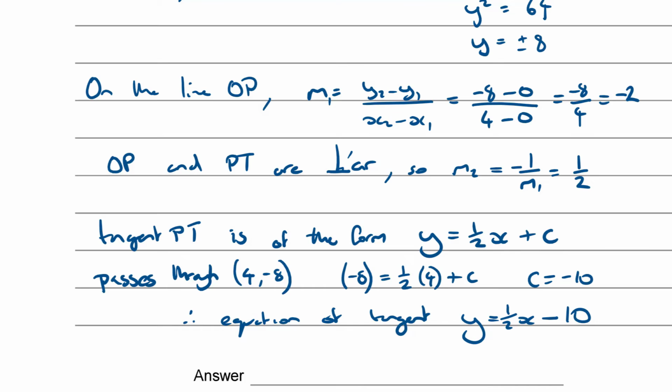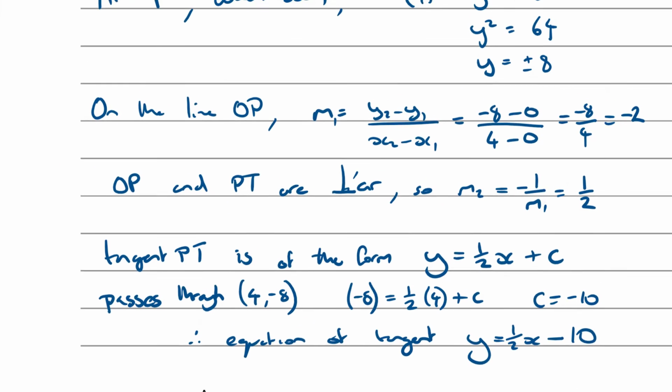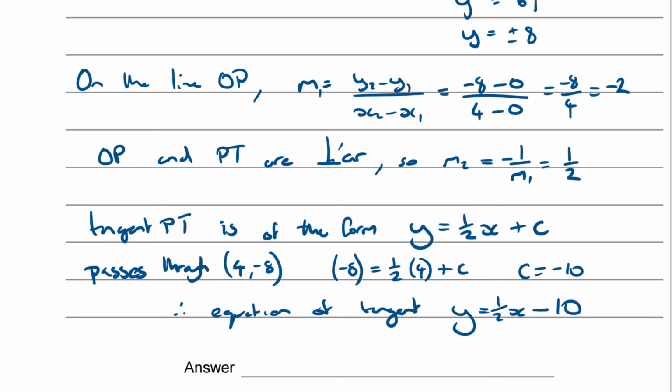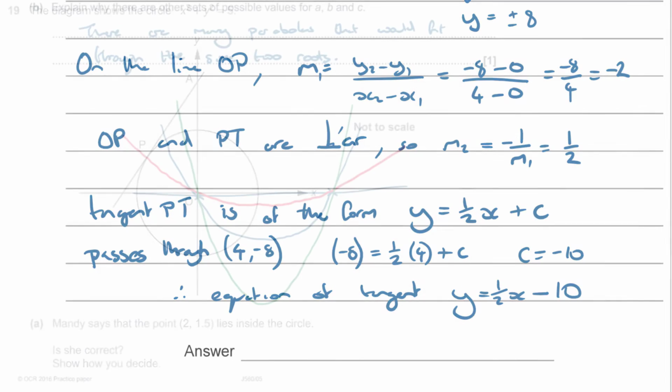And that's it. So it's quite a long question, but the skills you should all know fully well: how to sub into an equation, finding the gradient of the line, knowing that two lines are perpendicular to each other, how to find the gradient, and then finding the equation of a line given a gradient and a point on the line. Okay, all done.